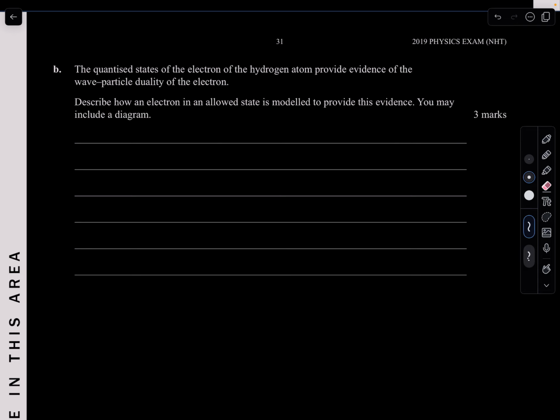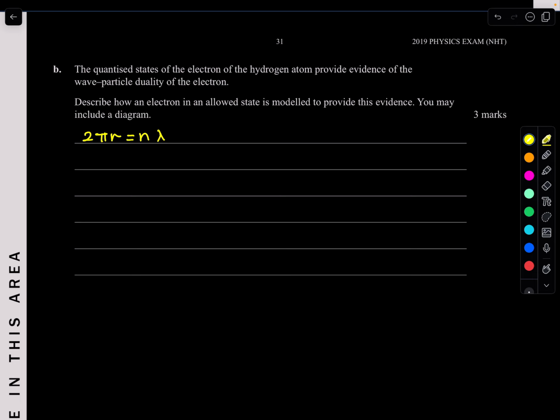So let me explain what it is. The wave model states that electrons have a de Broglie wavelength. For a stable orbit to exist, a standing wave must form, where the circumference of the orbit must be an integer multiple of the wavelength.